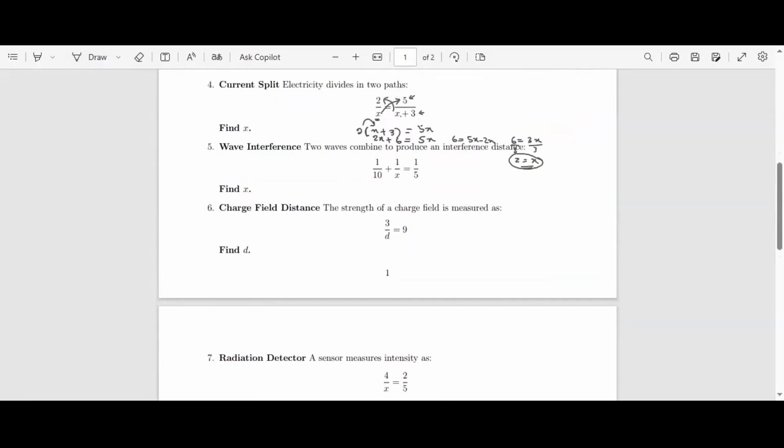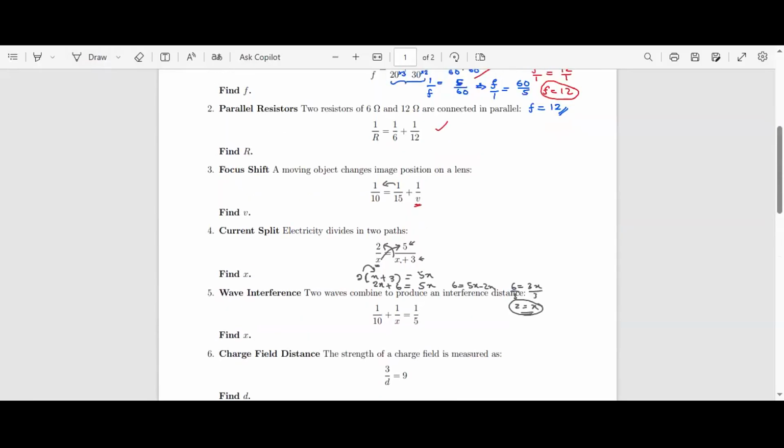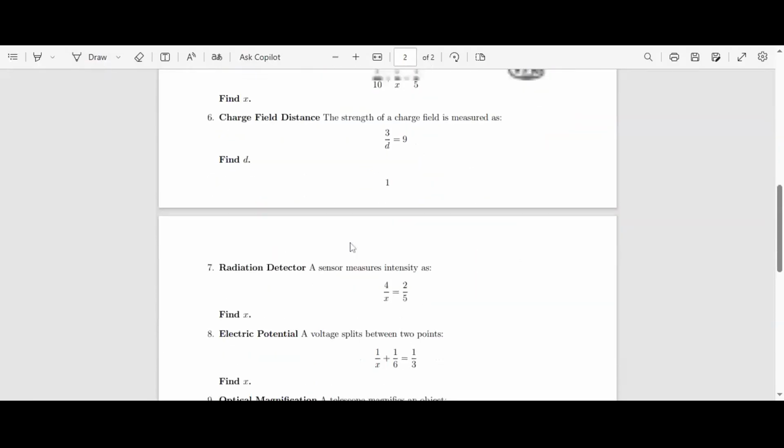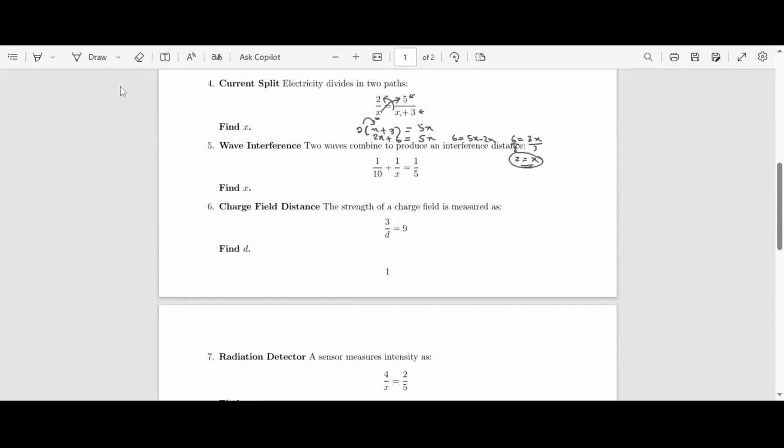The fifth question also could be done based on what we learned earlier. And the sixth one, you can do it simply using cross multiplication. You take d to this side. So now we have 3 equals 9d, and you divide both sides by 9.